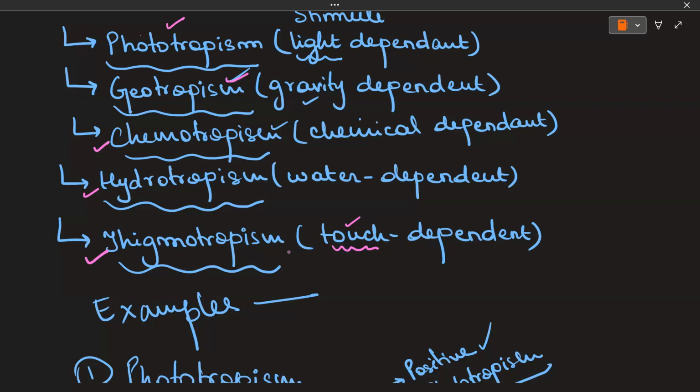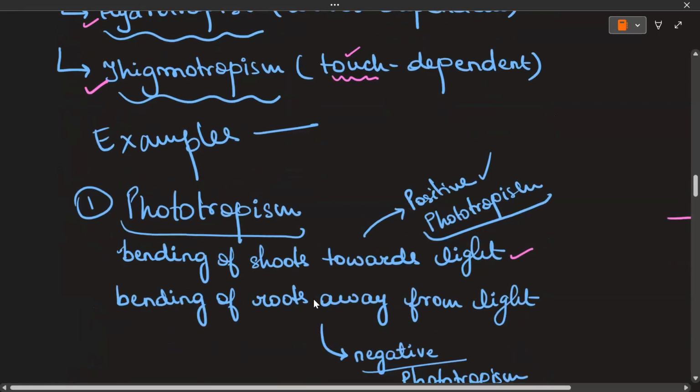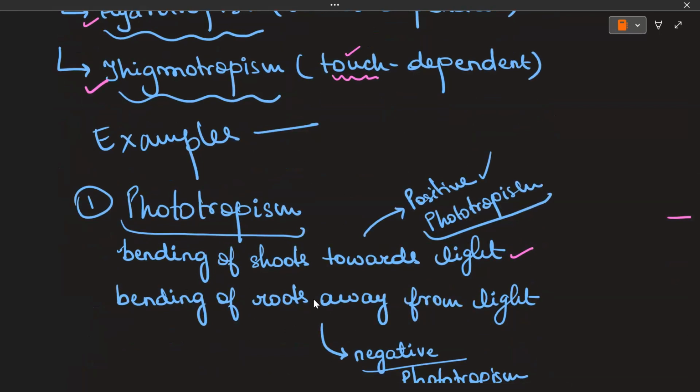Now let us see what the examples are. Talking about the examples of phototropism, we know that plants require sunlight to perform photosynthesis. The shoot or the stem bends towards the light to receive it. This is positive phototropism, meaning it is in the direction of the stimulus.